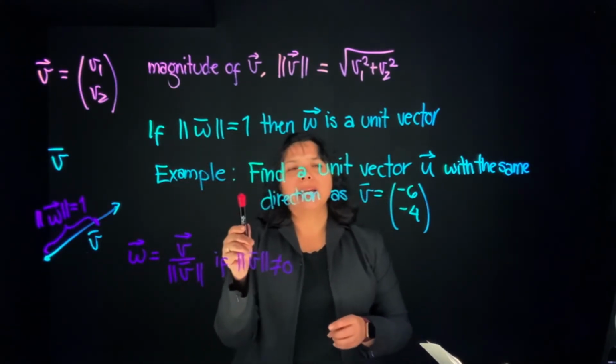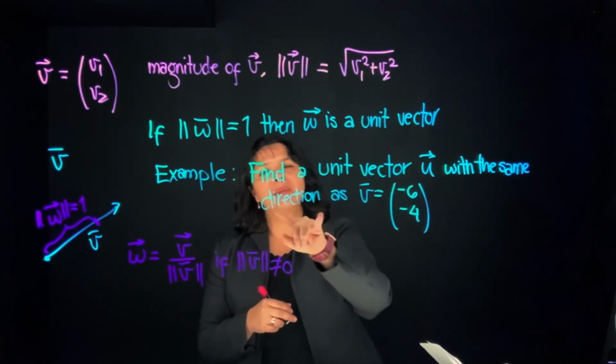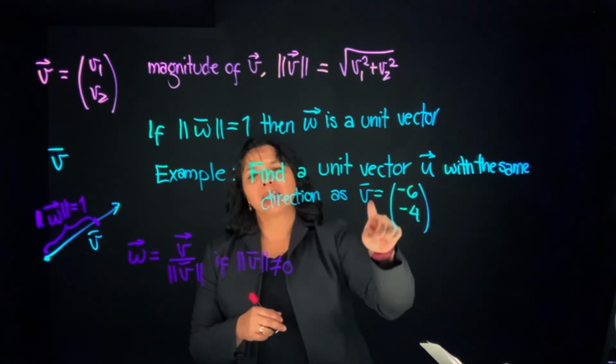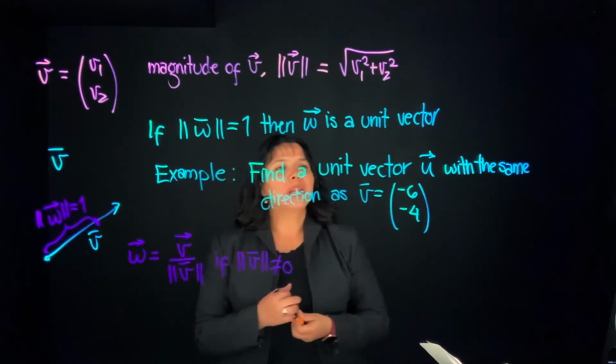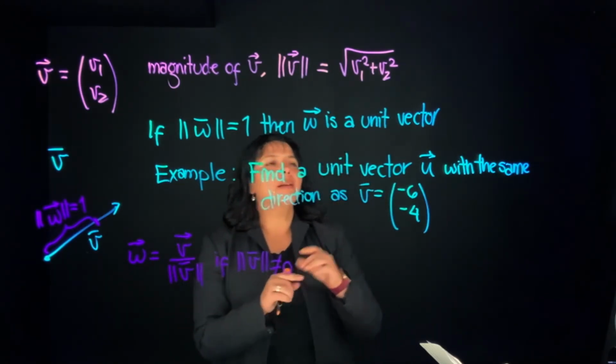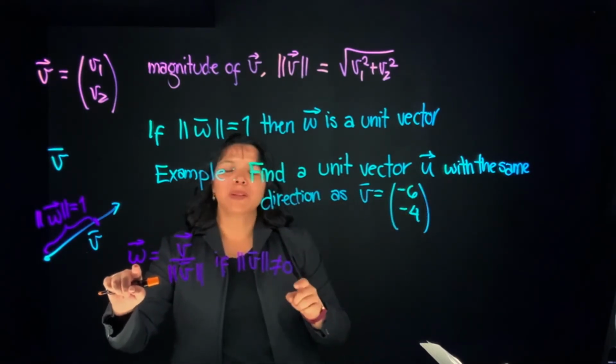So the example asks, find a unit vector u with the same direction as v, and they are giving me the algebraic form of v. So what am I going to do? Here, my u is playing the role of this w here.